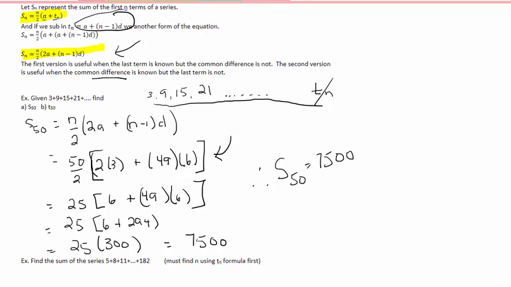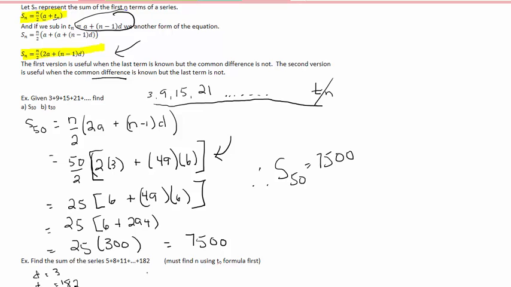Now we'll look at the second example. You can finish it and bring it into class tomorrow. You need to find the sum of the series 5, 8, 11, and so on, all the way up to 182. What we see is that it's increasing by 3 all the way along, so d is 3, and we know that t at n is 182.